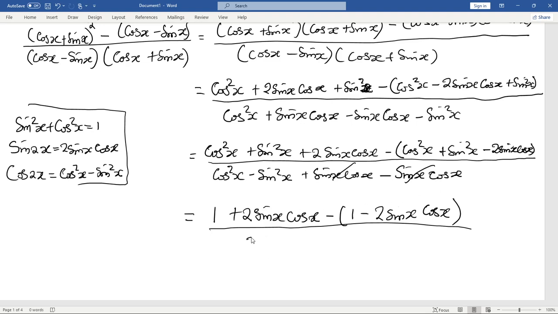So we are left with cos squared x minus sin squared x.